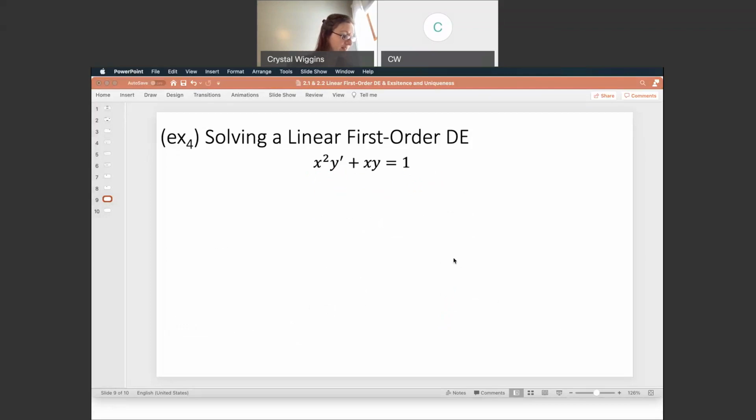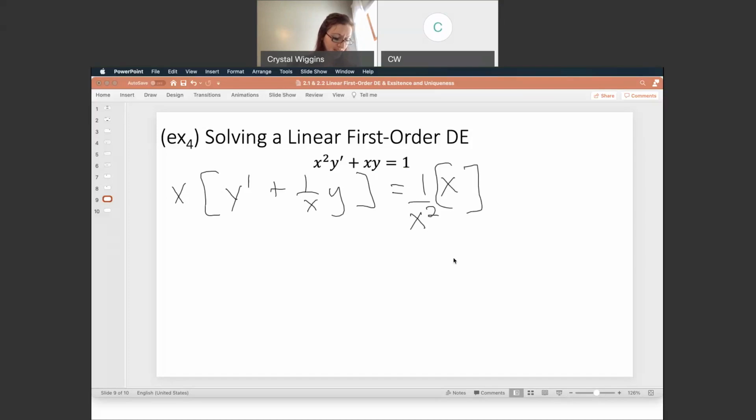So that gives us x times y prime plus 1 over x y, and we have 1 over x squared times x.